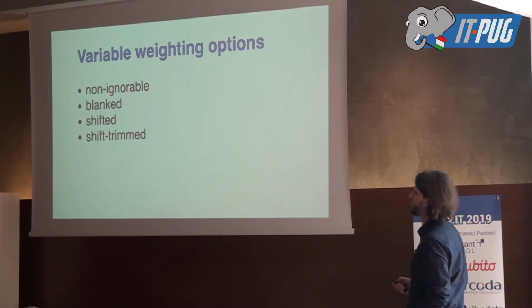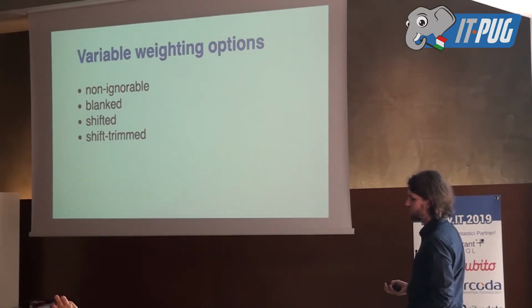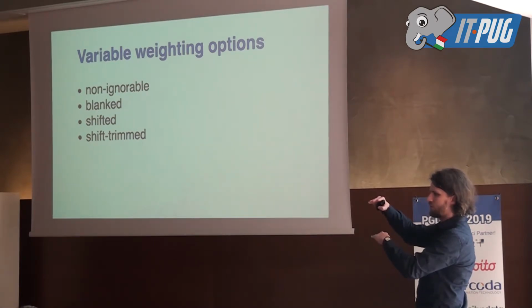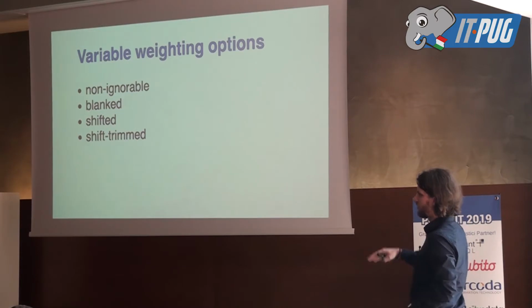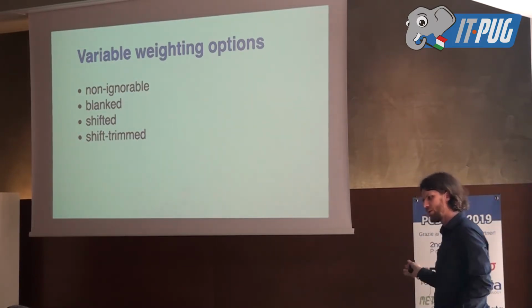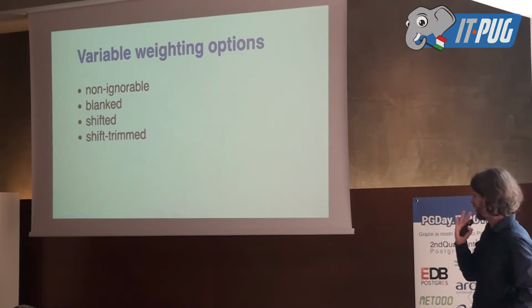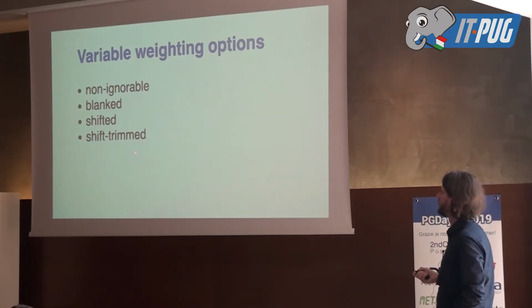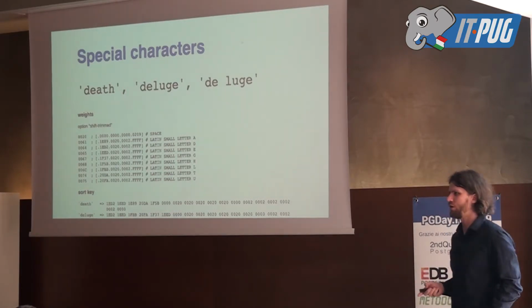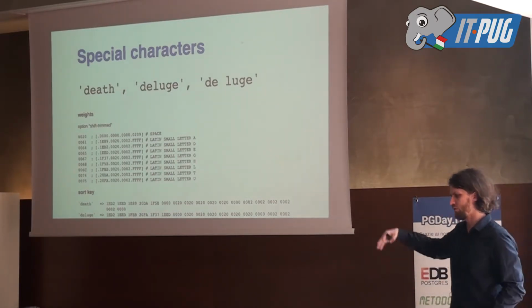The first one is you just treat it as a normal letter, which we saw doesn't give a good result because you have the words with the space and without the space, and an unrelated word in between. There's blanked, where you just ignore it altogether. That's actually not implemented, but it's in the standard. And then you have these two, which are basically these two variants here, that treat the special characters as a fourth pass.